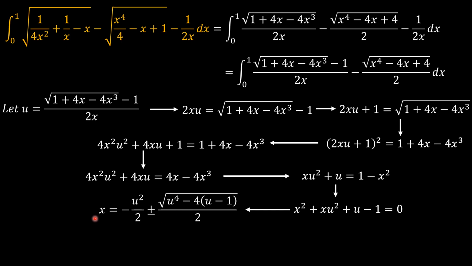So in some way x has to be positive. Since this is a square, x can only be possible if we take the plus sign here. So we're going to choose that x is equal to negative u squared over 2 plus the square root of u to the power 4 minus 4u plus 4 over 2, right?